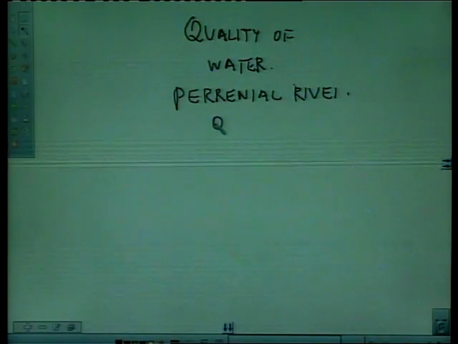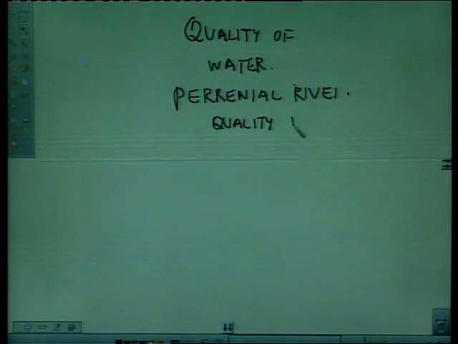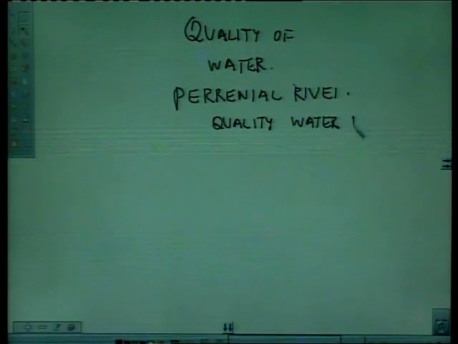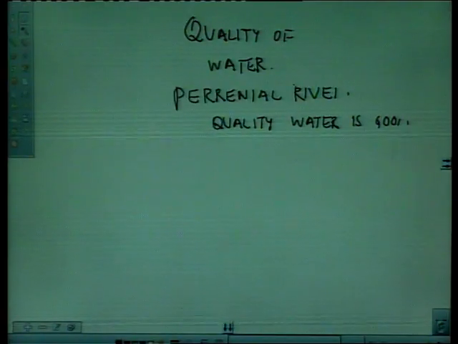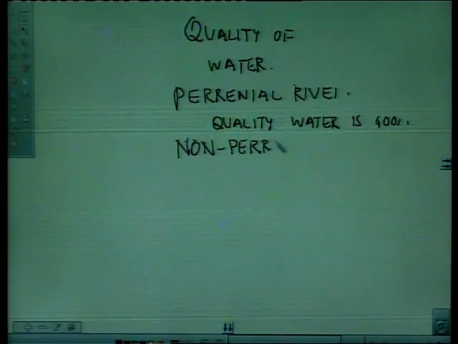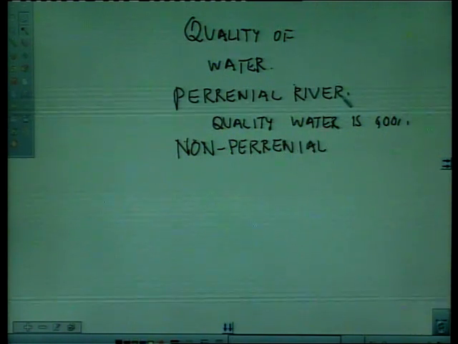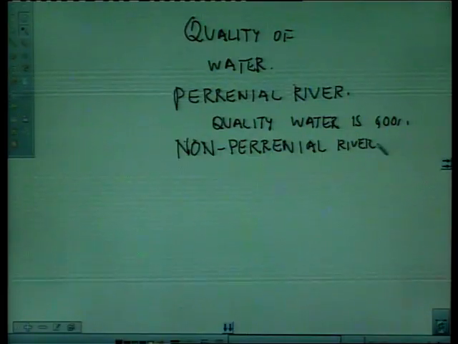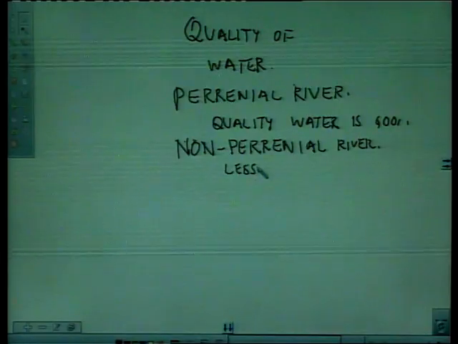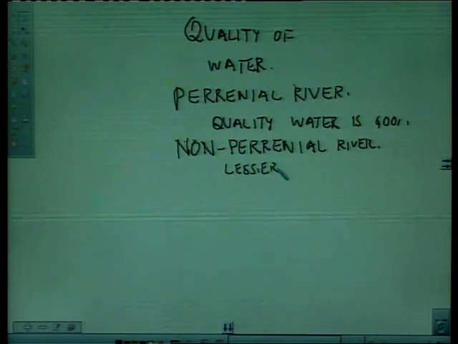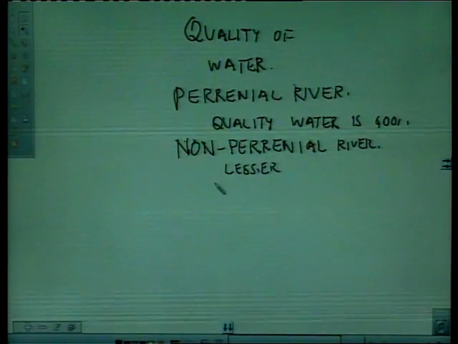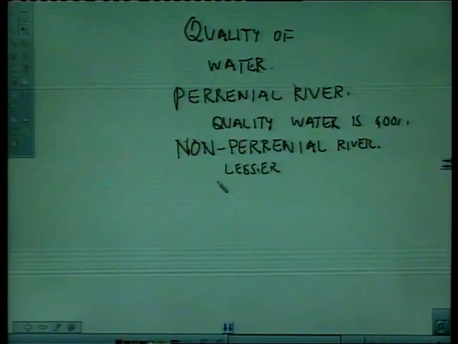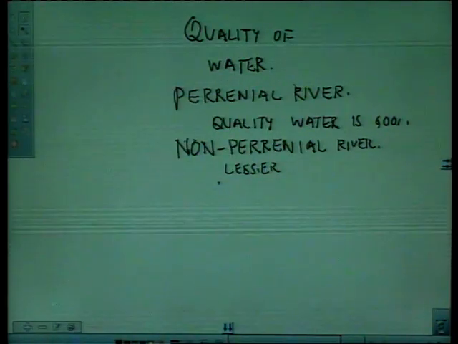Non-perennial rivers do not flow the whole year, so the water is of lesser quality. These flow in monsoon season only. These are inundation canals, and they are not very good for irrigation purpose.